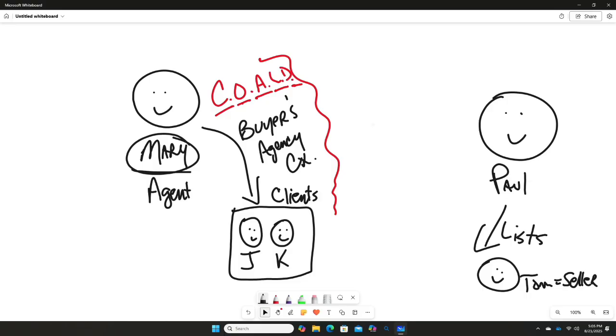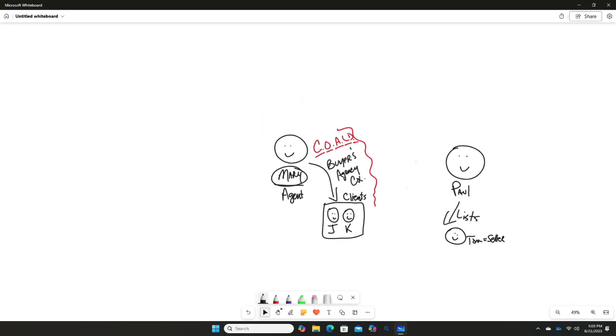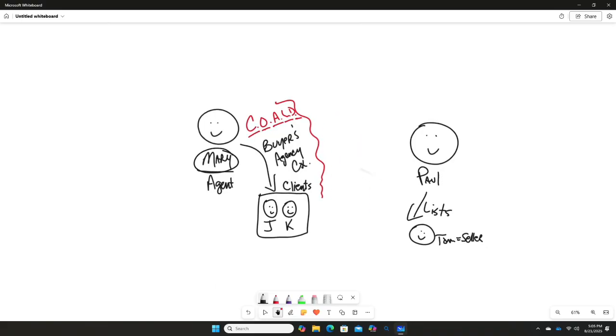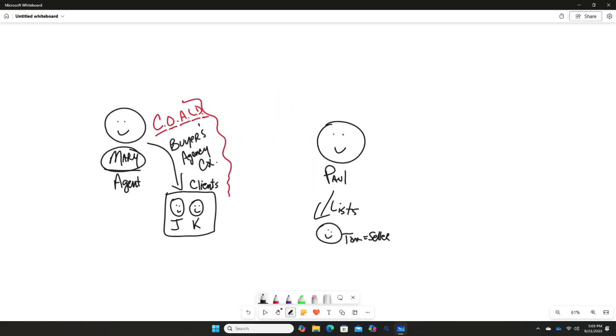Now, if I need to kind of make these smaller, I can do that. So that's kind of the cool thing there. So Tom's a seller. Now, when Paul signs the listing contract, what did that create? Well, it created an agency relationship, COALD.